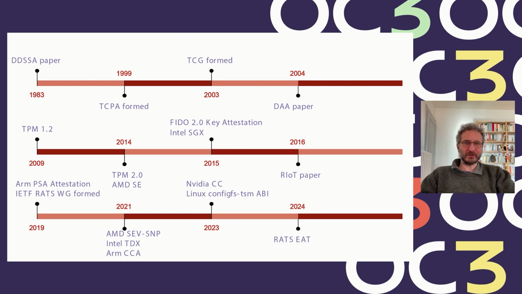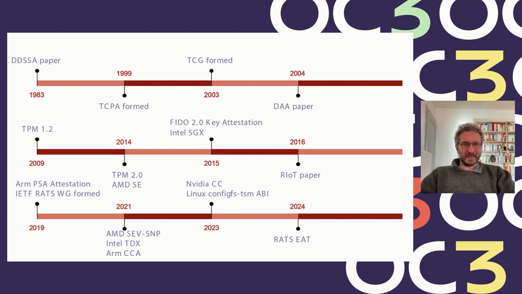The 80s of the last century, where seminal research happens, and that takes 15 years roughly to be picked up by the industry. Then the 2000s, where attestation is driven mostly by trusted computing use cases, and it's centered on the use of TPMs as the root of trust for reporting.